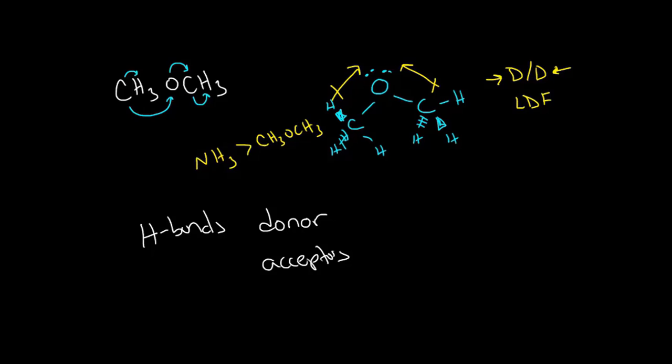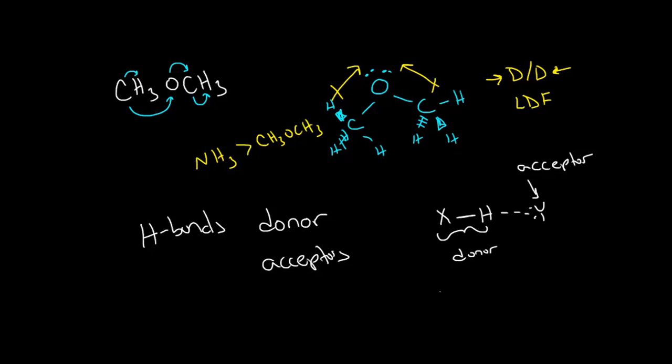Because remember, hydrogen bonds are shared hydrogens. So we have a hydrogen that's covalently bonded to one atom and non-covalently bonded to another one. Okay, so the idea here is that this would be our hydrogen bond donor, and this atom right here would be a hydrogen bond acceptor.